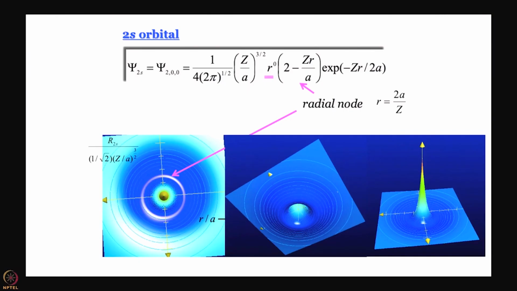So let me just modify it a little bit and say that an orbital can be used to determine the region of space where probability of finding the electron with that wave function is maximum. How do you do that?